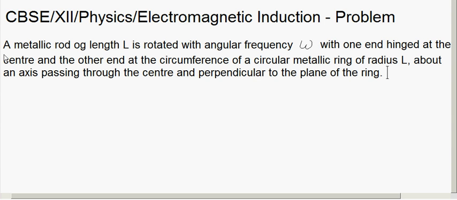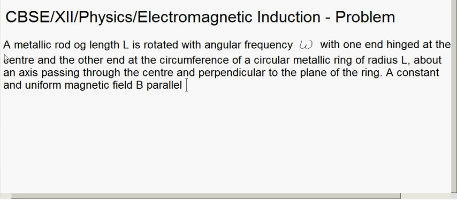A constant and uniform magnetic field B, parallel to the axis, is present everywhere. Deduce the expression for the EMF between the center and the metallic ring.